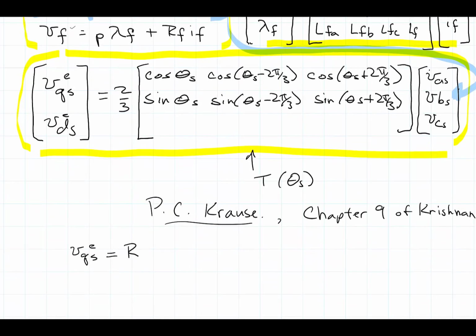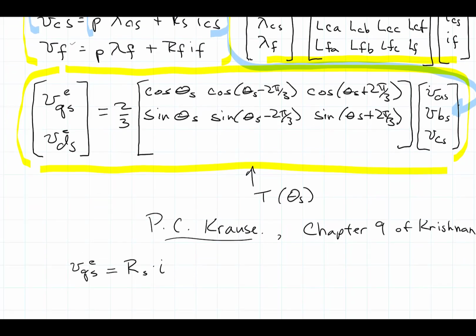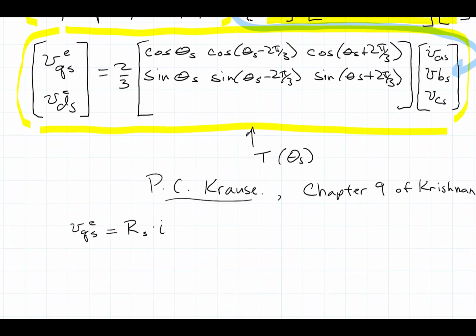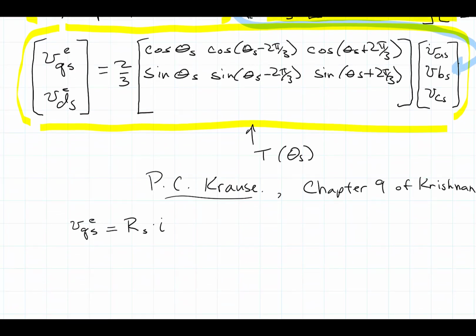I'm going to use RS times, because in the process of doing this mathematical conversion, not only have we converted the voltages into this synchronous DQ or QD reference frame, but we've also converted the currents. So we have a current. We've got the derivative of the flux linkage now. Instead of having an A winding, a B, and a C, we've got a Q stator flux linkage winding that is in the synchronous reference frame.